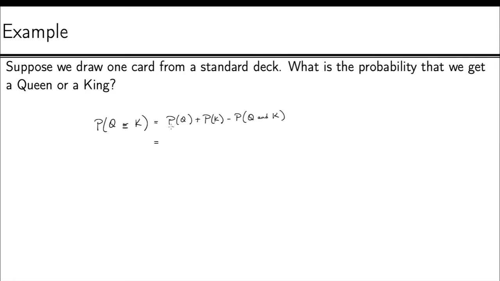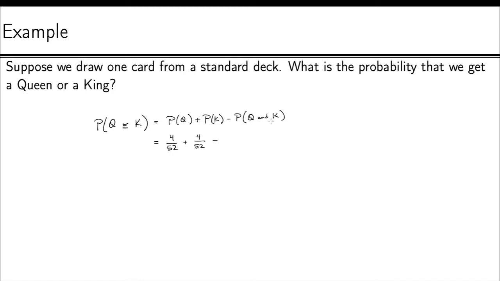All right, well, for the probability of drawing a queen, there are 4 queens in the deck and 52 possible ways to draw a card. Plus, for drawing a king, there are 4 kings in the deck and 52 total cards. Minus, and now the probability of queen and king.